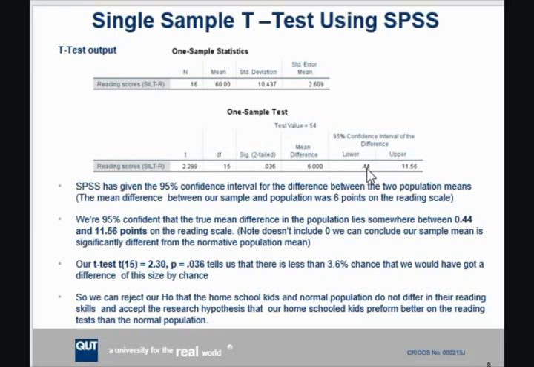So 0, which would be our null hypothesis mean, that there's no difference between our homeschool kids and our normal school kids, does not fall between those limits. That is another way of hypothesis testing and saying that we're 95% sure that our homeschool kids are reading at a significantly higher level than our normal school kids. So we can reject our null hypothesis and accept our research hypothesis that homeschooling enhances children's reading level.